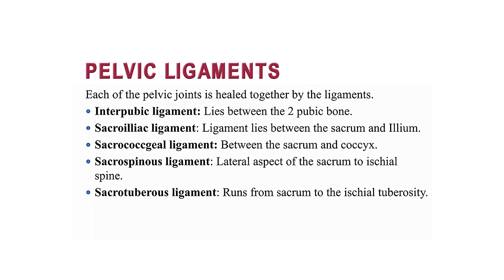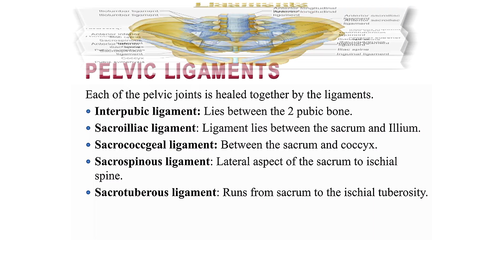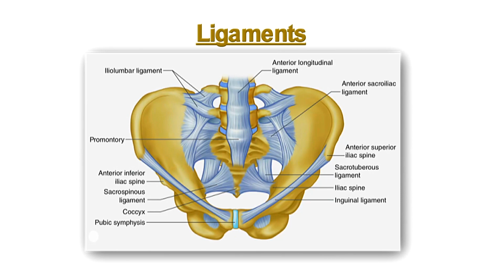Apart from the pelvic joints, the pelvis has ligaments also. Each of the pelvic joints is held together by ligaments. There are 5 ligaments: interpubic ligament, sacroiliac ligament, sacrococcygeal ligament, sacrospinous ligament and sacrotuberous ligament. The interpubic ligament lies between the 2 pubic bones.